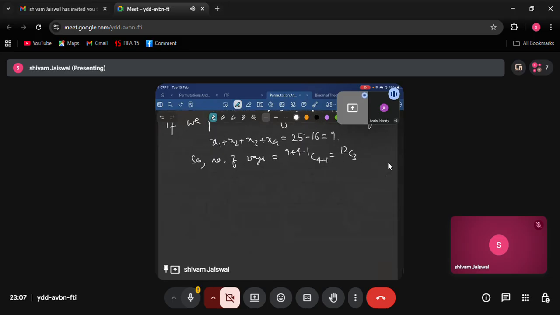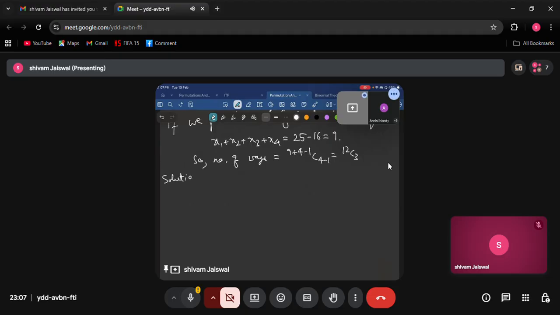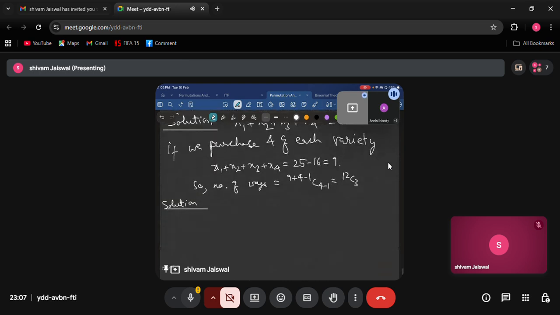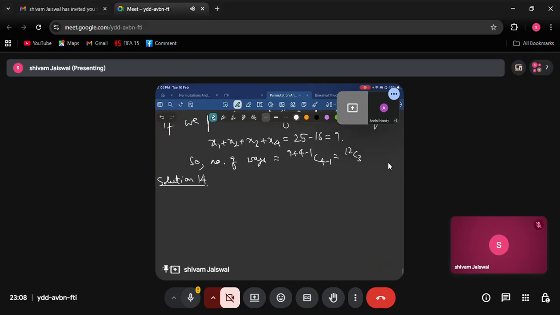13, we need to find out the number of different outcomes in a throw of n alike dice. So pay attention. There are n alike dice. What are the numbers you can get when you throw a dice? What are the outcomes? Let x1 be the number of times we get 1, x2 be the number of times we get 2, x3 be the number of times we get 3.